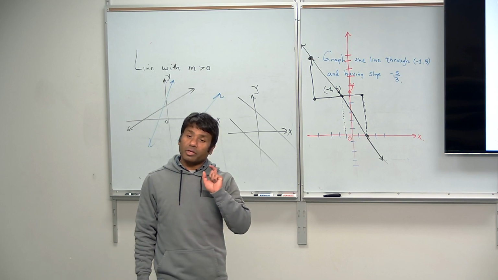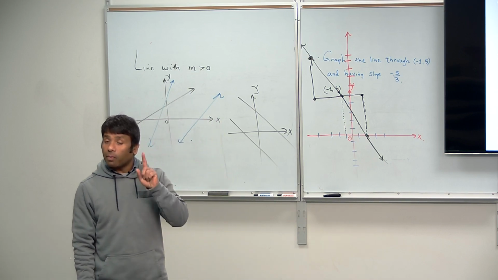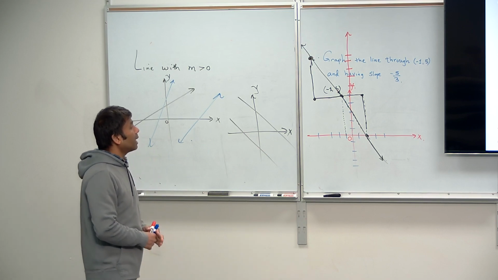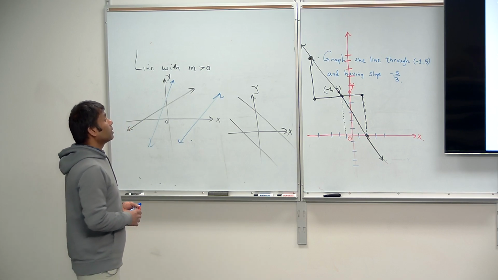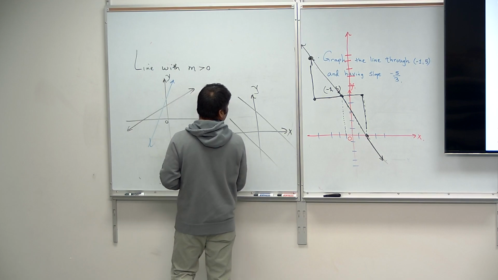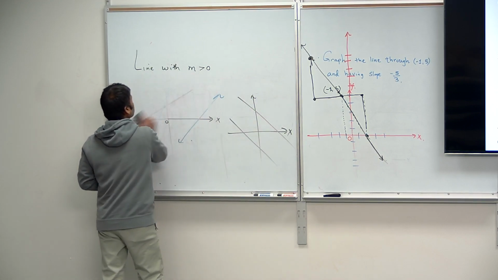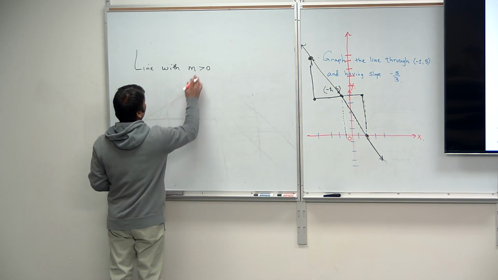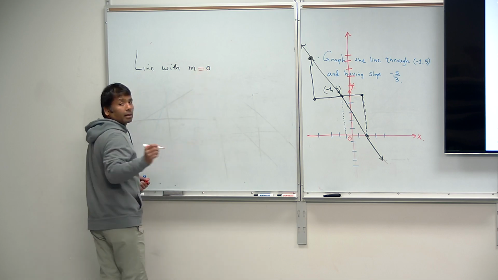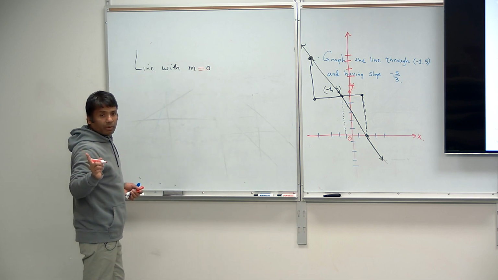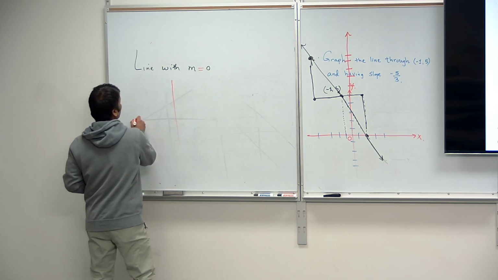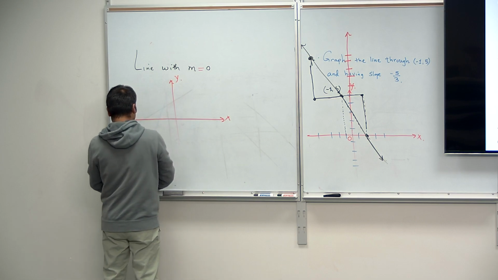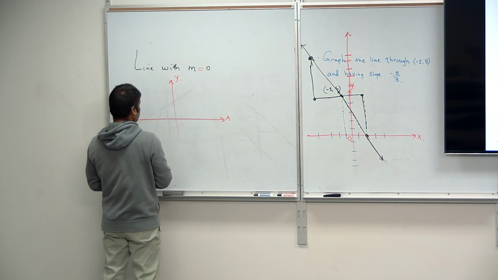A line with a zero slope neither falls nor rises. Right? If you have a slope 0, that kind of line is what? Constant. So if you have a line with slope 0, that means the line is a horizontal line. It's x-axis, y-axis, and you'll have something like this.